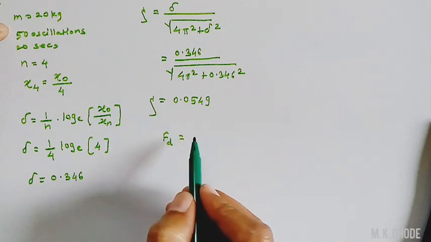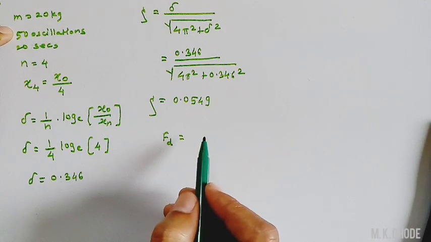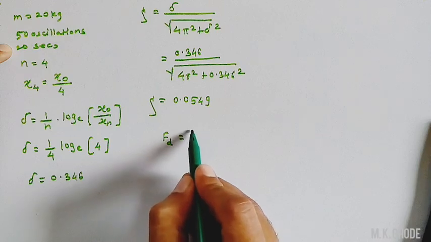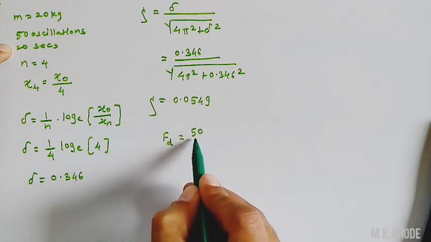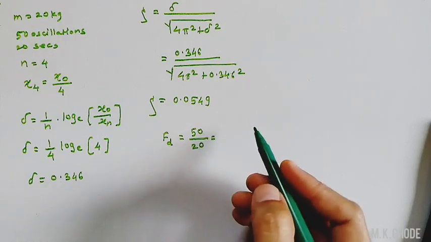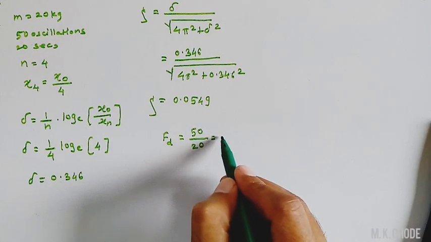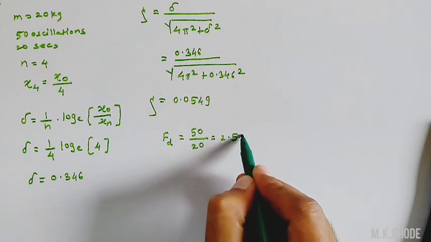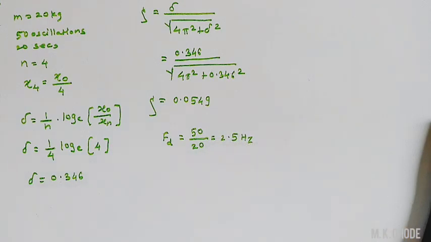You know very well, frequency is nothing but the number of cycles per unit time. Here there are 50 oscillations, so the frequency is 50 divided by 20, that is 2.5 hertz. The frequency of damped vibration is 2.5 hertz.